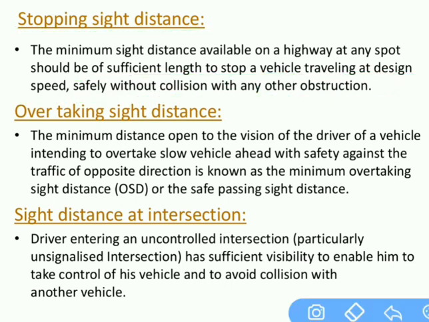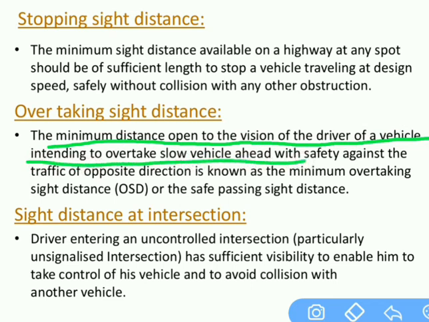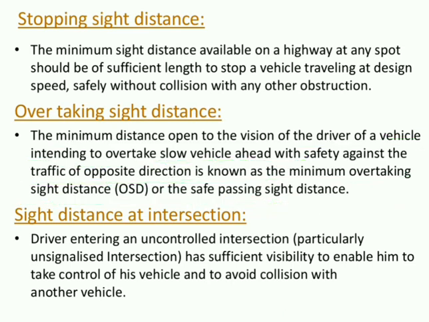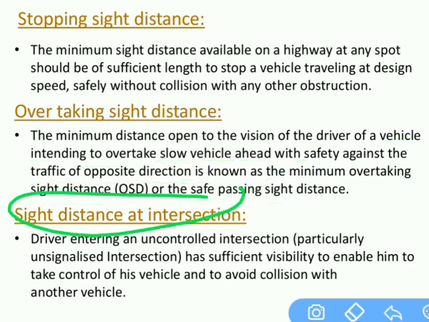Next, overtaking sight distance: the minimum distance open to vision of the driver of a vehicle intending to overtake a slow moving vehicle ahead with safety against the traffic of opposite direction is known as minimum overtaking sight distance or safe passing sight distance.